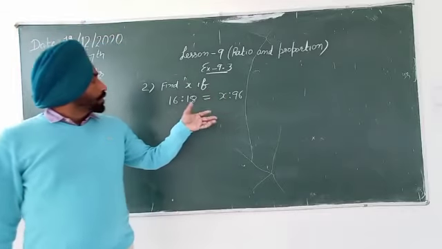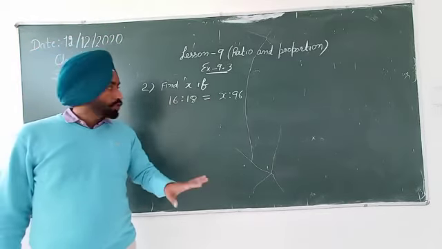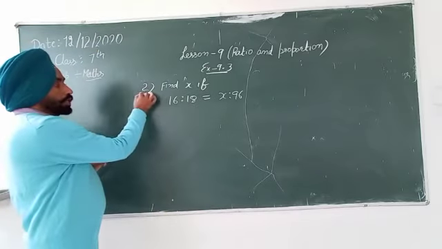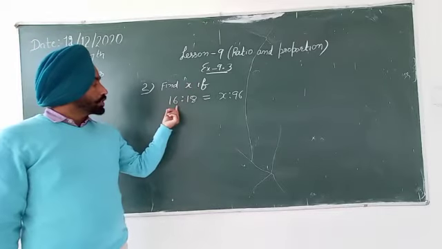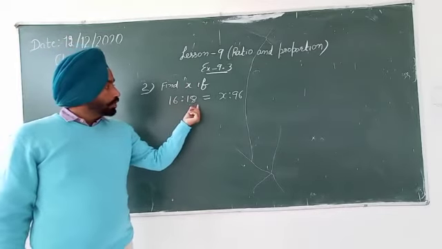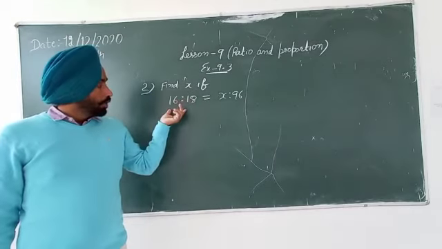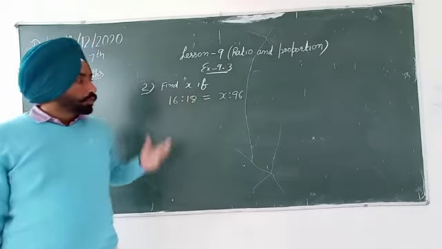Yes beta. Now some problems based on proportion, like in exercises 9.2 and 9.3. So here is question 2 of 9.3. Find x if 16:18 is equal to x:96. It means 16, 18, x and 96 are in proportion.